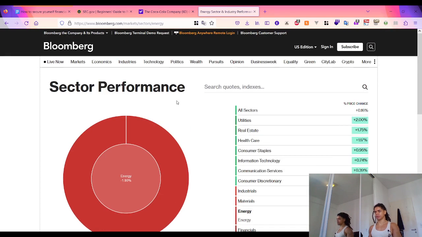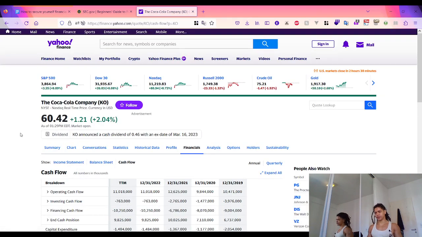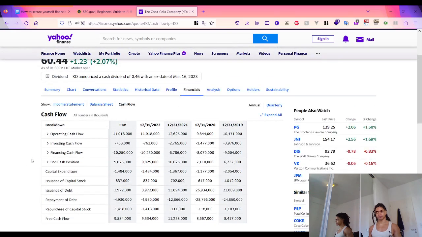Okay, again, go back here to the cash flow statement. So the first part of the cash flow statement analyzes the net income of a company and reconciles it with the cash the company received or used in its operating activities.